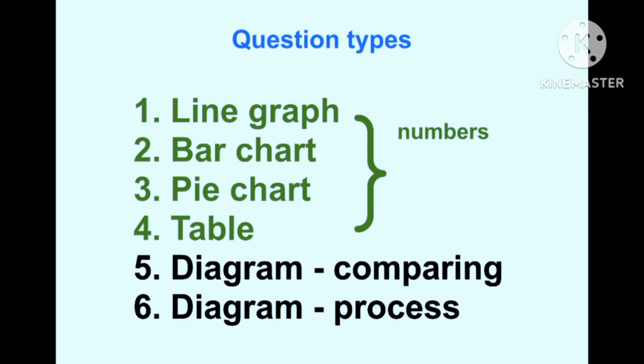People often ask me, is there some special language that I need to know for pie charts or for tables? The answer is no. There's no special language. The language for those 4 types is exactly the same. It's number language, and the only things you have to do really are 3 things. You might have to describe one number, or for more than one number, you might have to compare, so you need some comparing language.